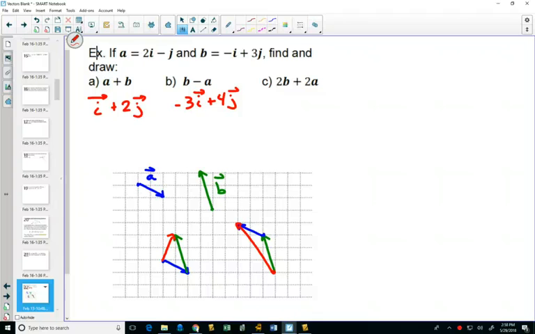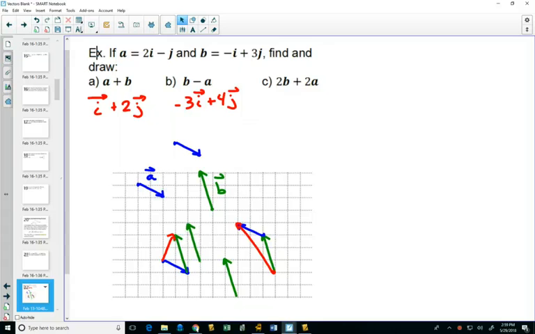And finally, 2B plus 2A. So if I started with B, I'm going to start here. Where am I going to have room? Right there. All right, I'll start here. 1 B, 2 B's. Here we go.